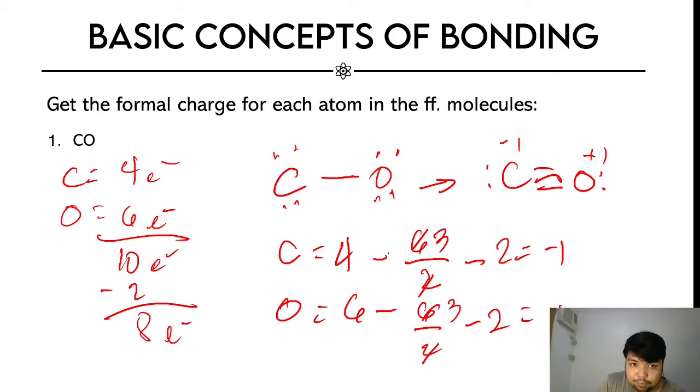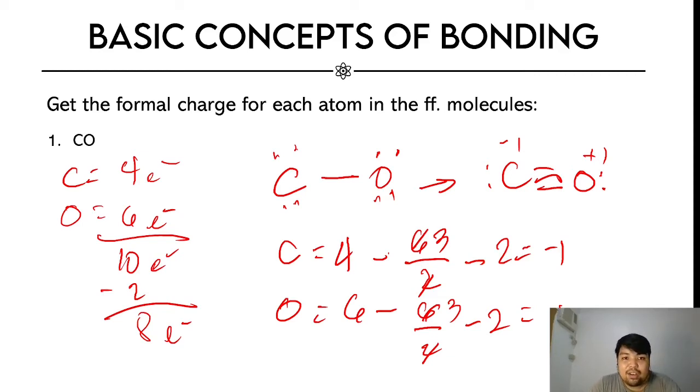So that will be the formal charge of each of the atoms for the molecule na carbon monoxide. And if you will see, carbon monoxide is a neutral molecule. It has no net charge because the formal charges of the two atoms cancel each other out.